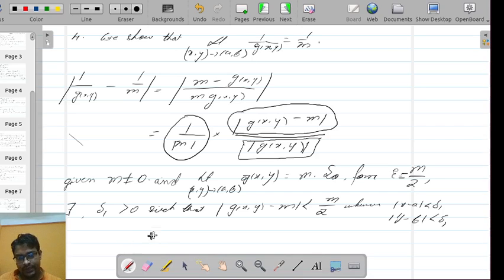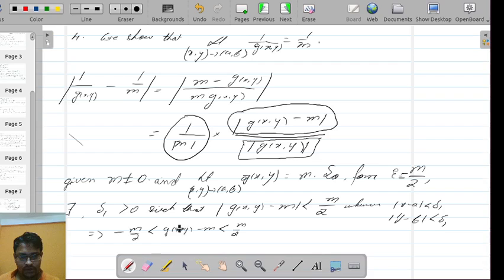Now we can simplify this. So minus m by 2 is strictly less than g of xy minus m, which is strictly less than m by 2.